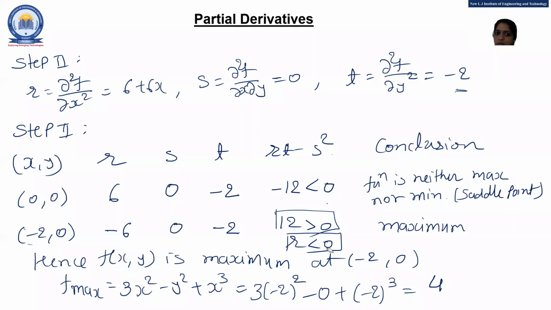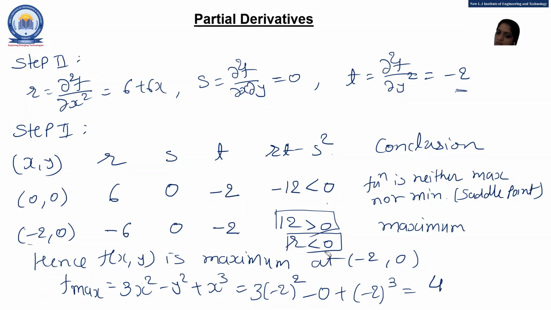R equals 6 plus 6x, so if we keep minus 2 in that, then 6 plus 6 into minus 2, that is minus 12. So 6 minus 12, that is minus 6. Yes, sorry, minus 6.